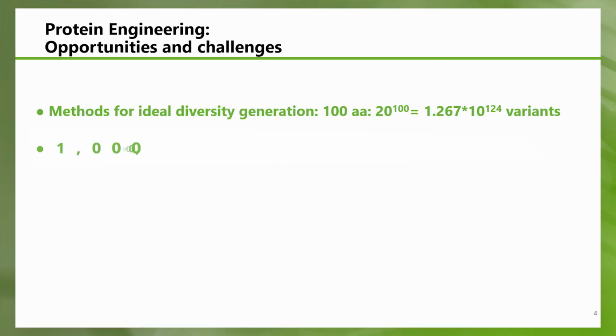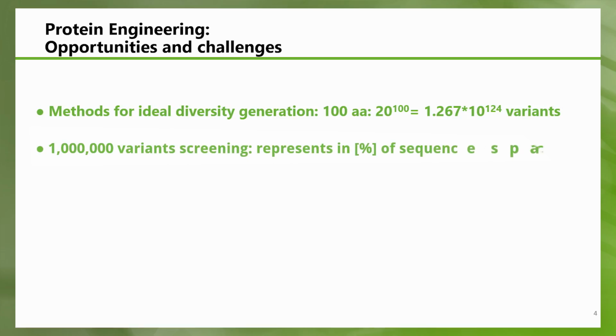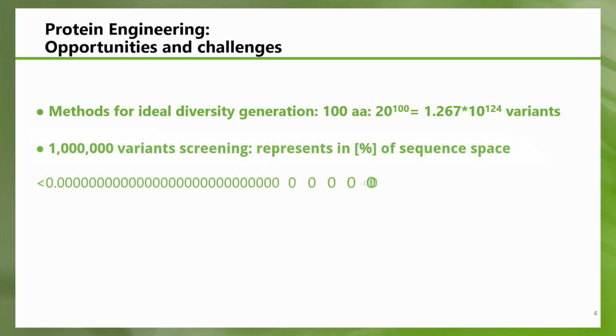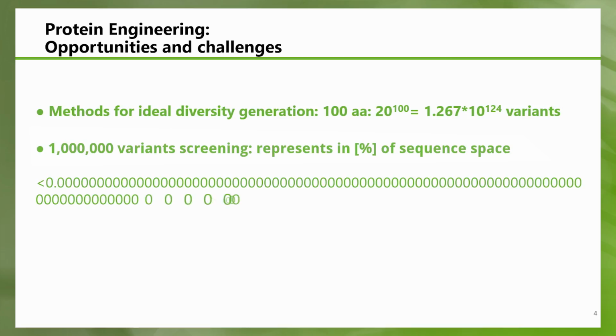And when we now think about engineering proteins and we screen 1 million variants of the proteins that we have generated, the fraction that we cover there in terms of the protein sequence space is, as you can see, with all the zeros, and I'm not talking slow enough, not really significant, and I hope you can agree to that.